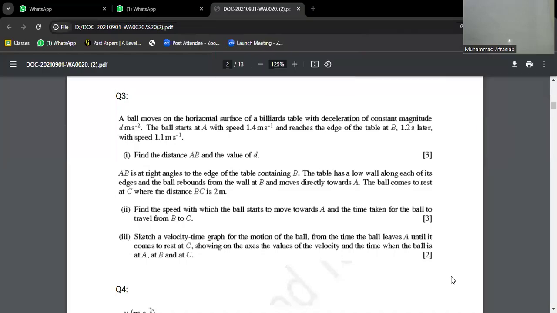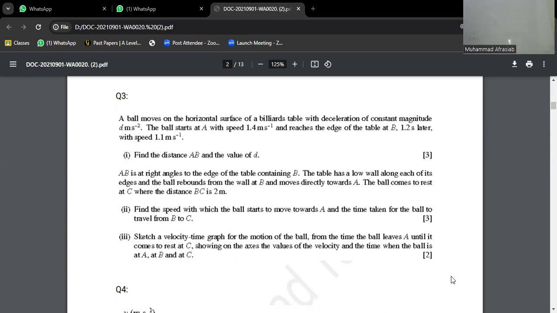We are now solving question number 3 of this kinematics topic for mechanics. The question is that a ball moves on the horizontal surface of a billiard table with a deceleration of constant magnitude d meters per second squared.